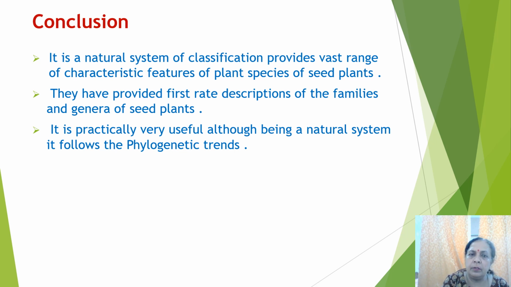It is a natural system of classification, provides a vast range of characteristic features of the plant species of seed plants, and they have provided first rate descriptions of the families and genera of seed plants. It is practically very useful. Although being a natural system, it follows the phylogenetic trends.